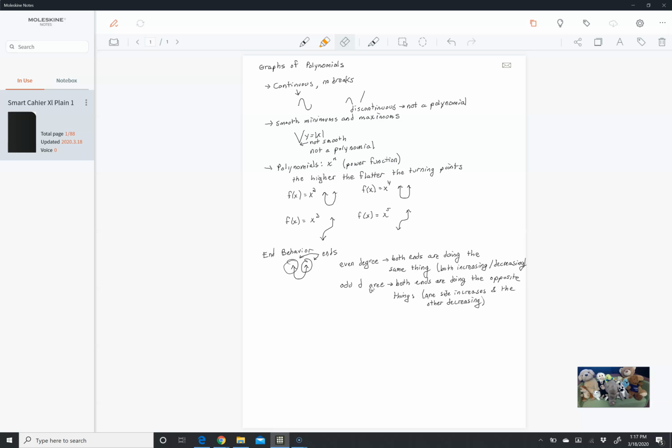Okay, and the difference here is we're not looking at the graph as it goes left to right. So in this case, what we're doing is we're picturing ourselves in the center of the graph.